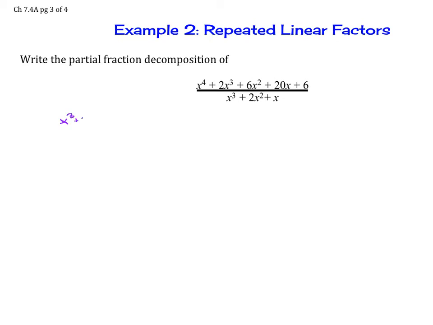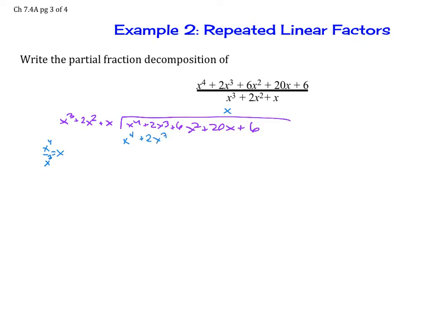So x cubed plus 2x squared plus x, and then x to the fourth plus 2x cubed plus 6x squared plus 20x plus 6, and then we'll divide. So x to the fourth over x cubed is x, goes over the x piece here, and so this is x to the fourth plus 2x cubed plus x squared, and then plus 0, and then you subtract.